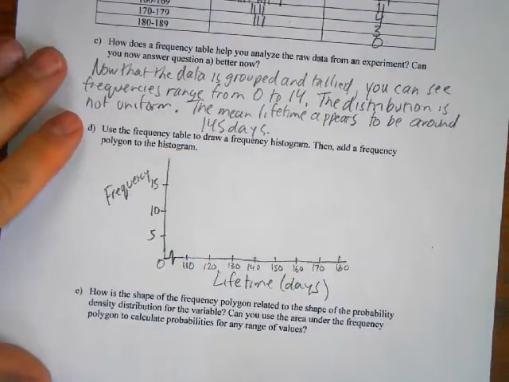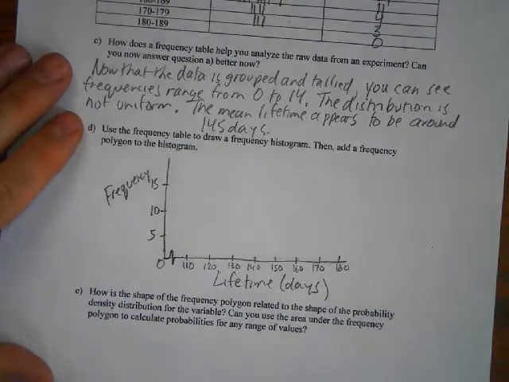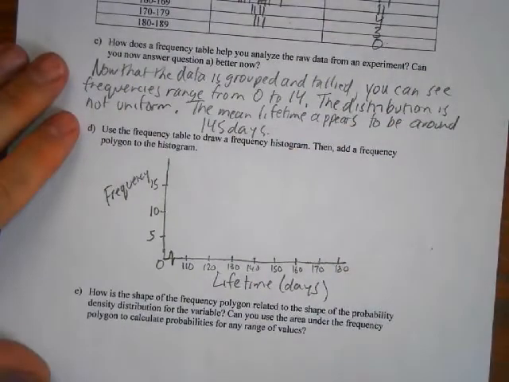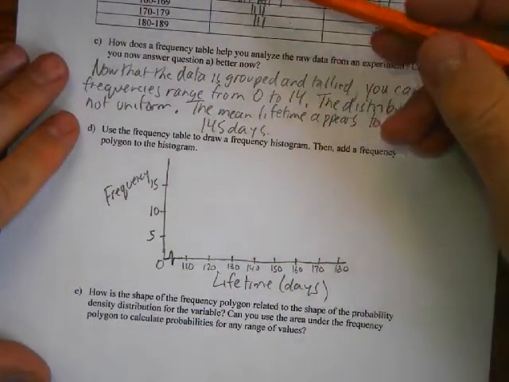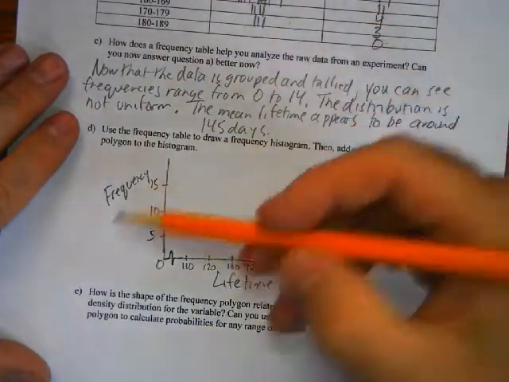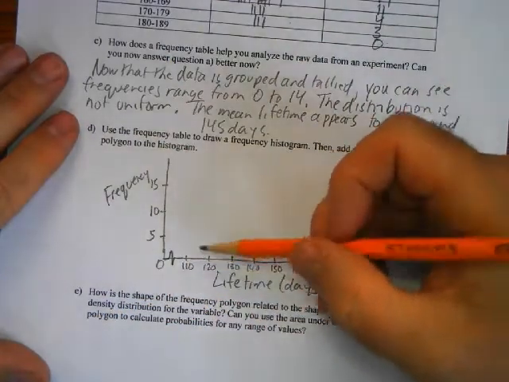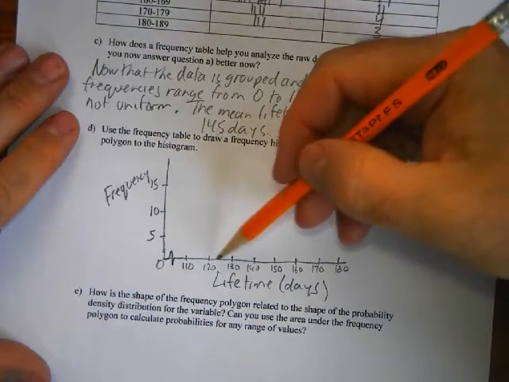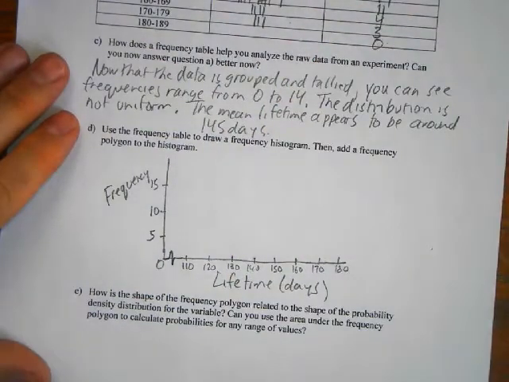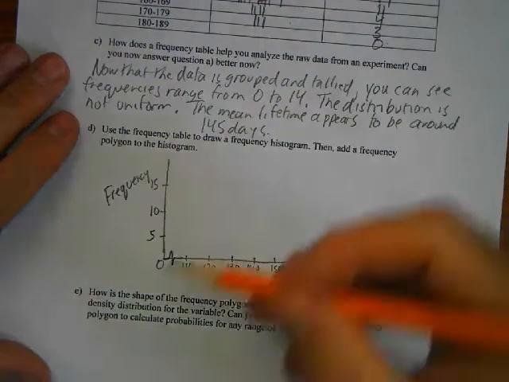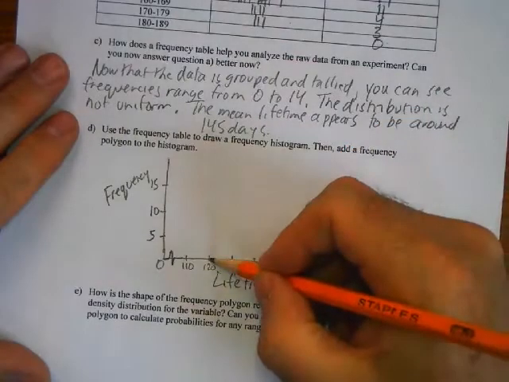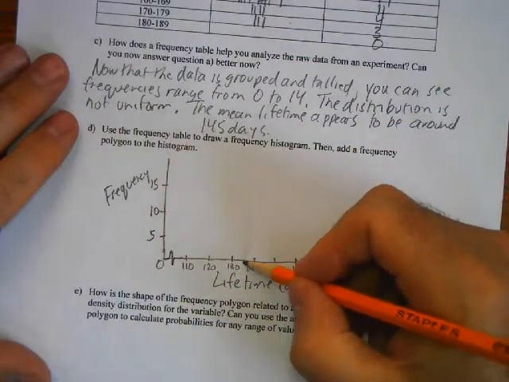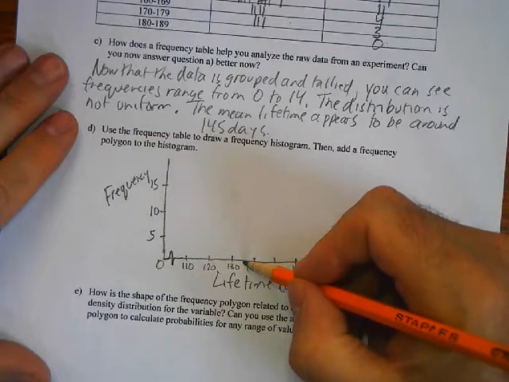And now I'm going to do my frequency histogram. So for the group, basically 110 to 120, there was nothing. 120 to 130, sorry, that was 120 to 130. Okay, that was actually nothing. So 0, 0, 130 to 140, that was 8.